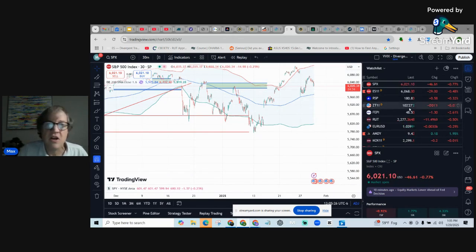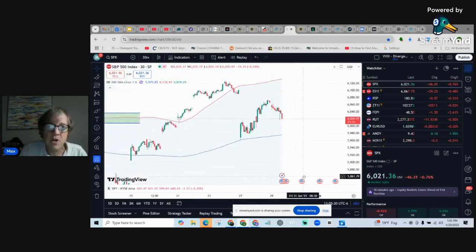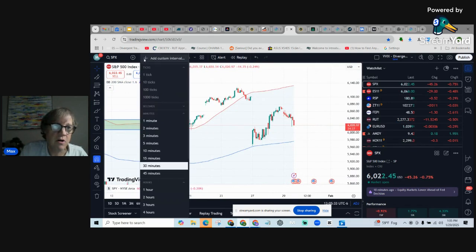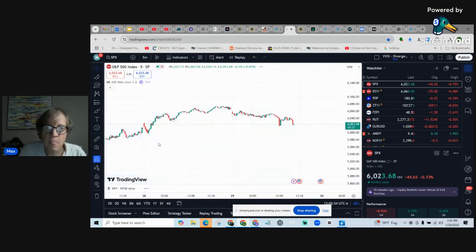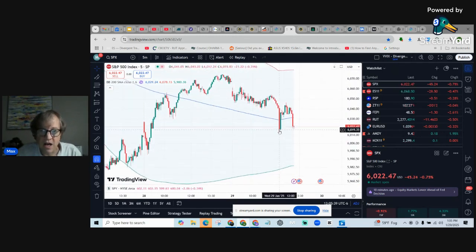But anyway, okay. So SPX right now, these are 30-minute bars. Maybe I should turn it on a 5-minute bar. All right. Well, it looks like about an hour ago, it made a low, rallied a little bit, made another low. Is Powell speaking?